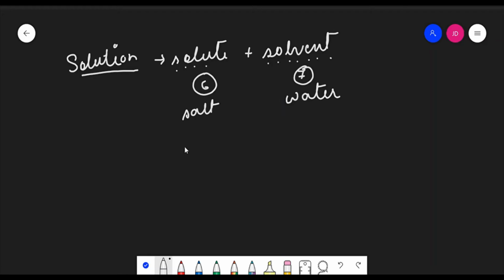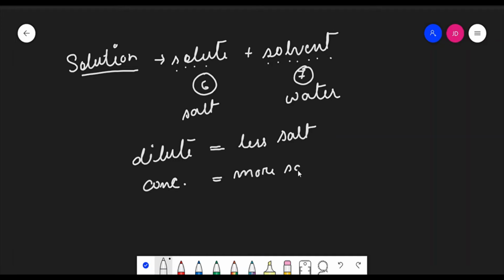So here I already told you a little bit. Dilute plus concentrated, CONC dot, you can write it. Dilute means less amount or less powerful. Concentrated means more. When I say less, what is less? The salt is less, maybe. What is more? Salt is more, maybe. Maybe you have got 1 cup of water, same amount.